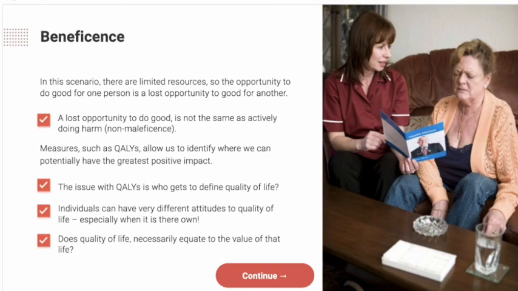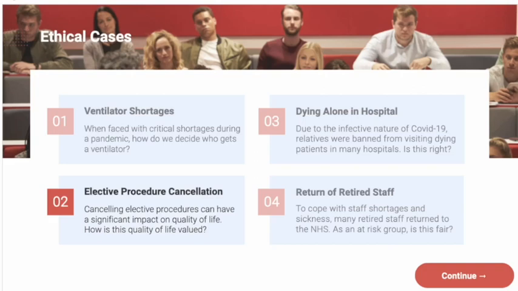Okay, so I think we'll stop there. Next time we'll look at elective procedure cancellation, and then we'll start looking at other scenarios like dying alone in hospital. As in, at one point, no family members were allowed to visit relatives. Oh yes, I remember.